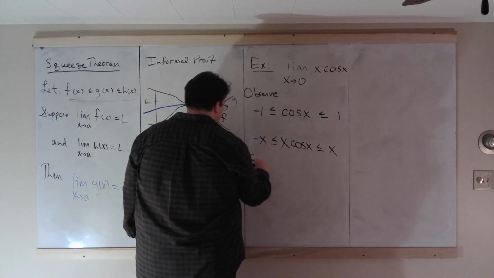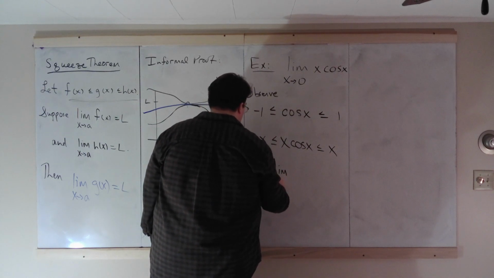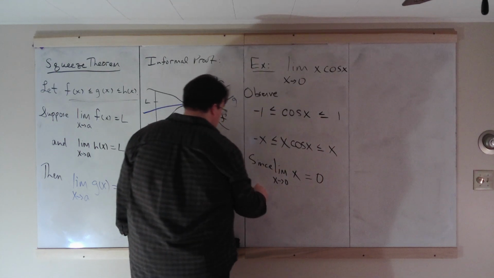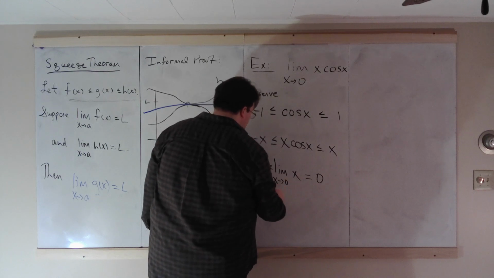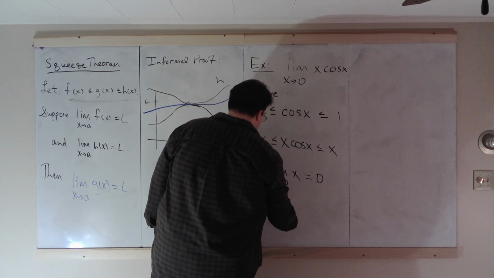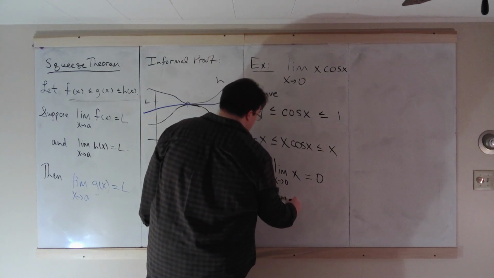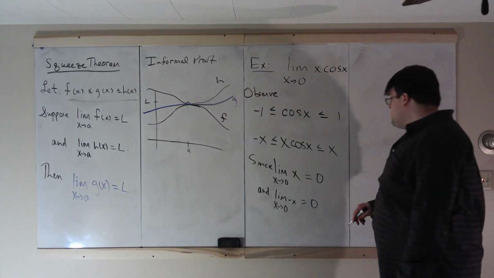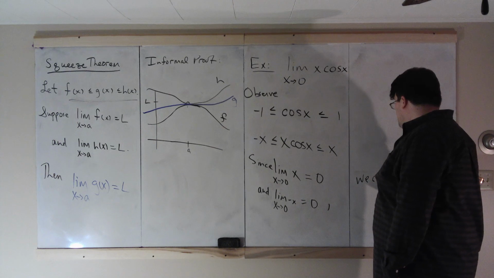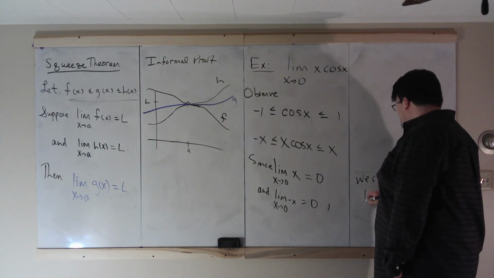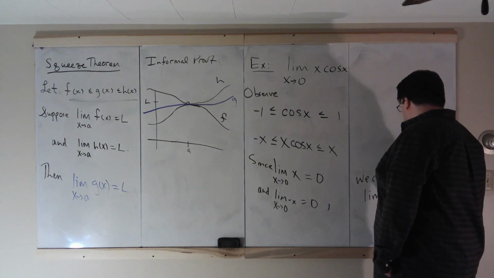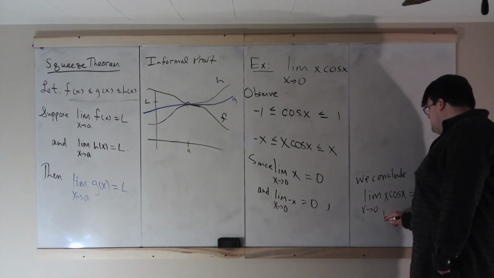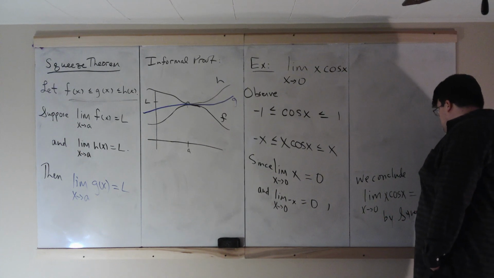So since the limit as x approaches 0 of x is 0, through direct substitution or the limit laws, and the limit as x approaches 0 of negative x also equals 0, the limit on the one side is 0 and the limit on the other side is 0. We can conclude that the limit in the middle, again as x approaches 0, is that same number by Squeeze Theorem.